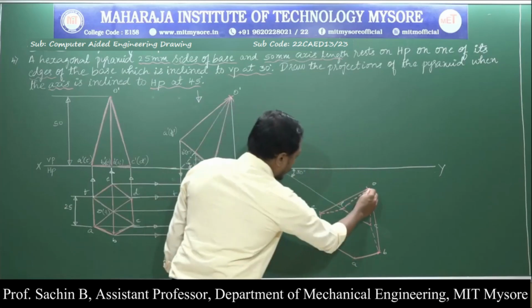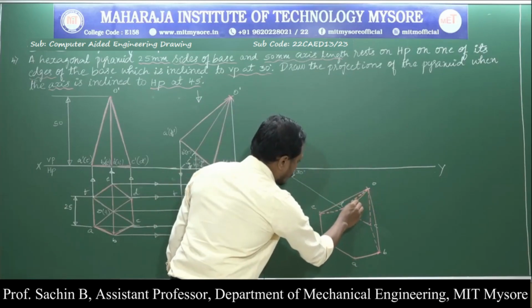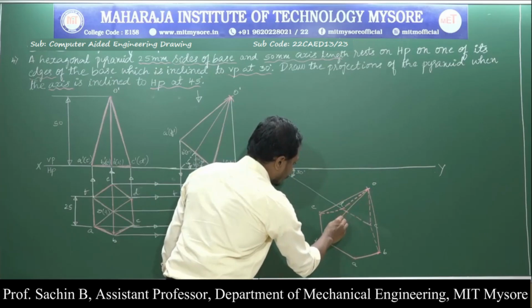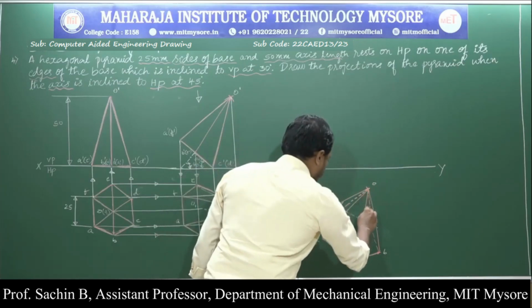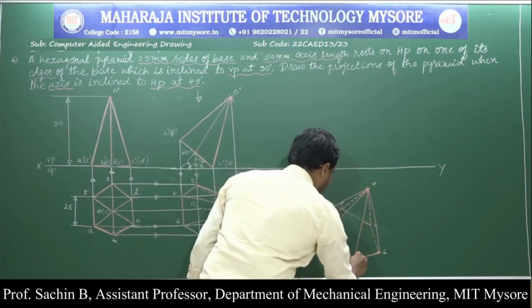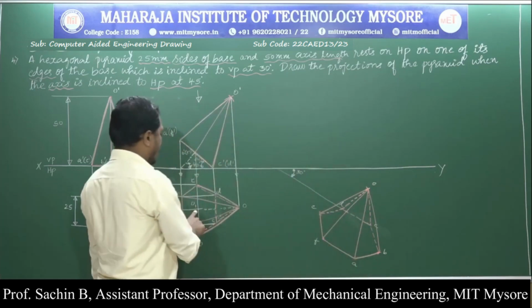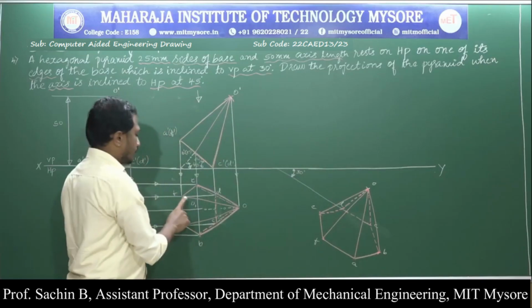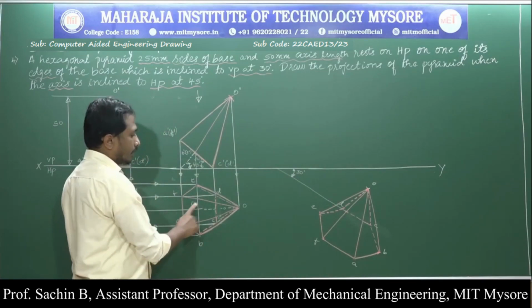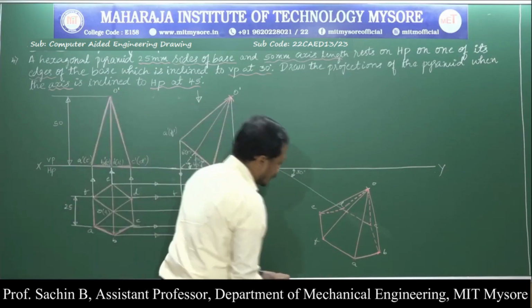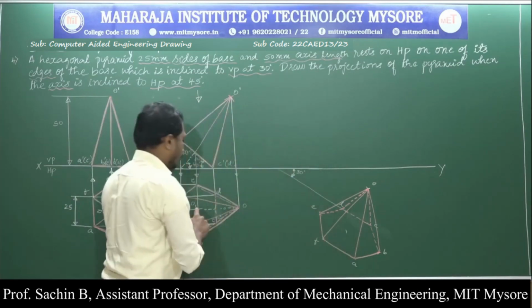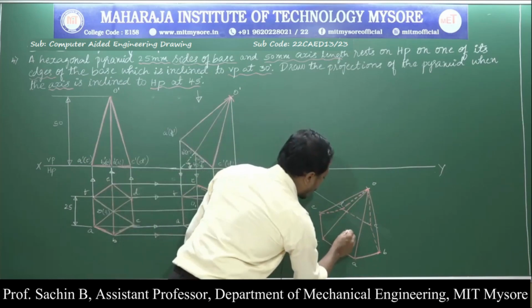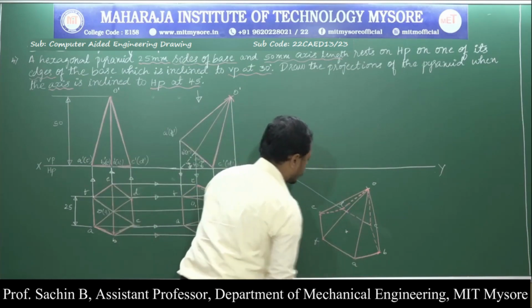Next I'll go for the visible edges, whatever I have already written. Next, to get the O1 axis, I'll measure from F to O1 or from A to O1. From F to O1, I am intersecting the arc. Next, from O to O1, one more arc, I will intersect it.